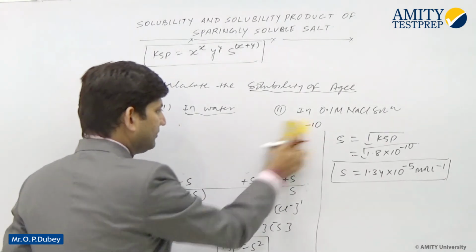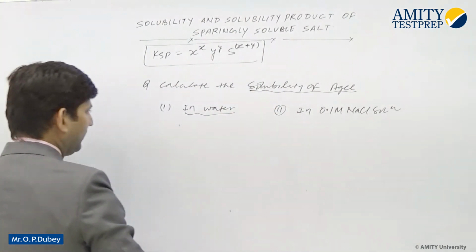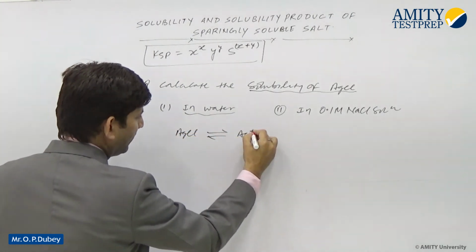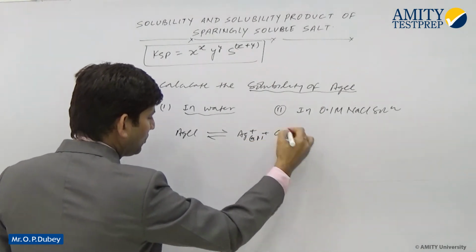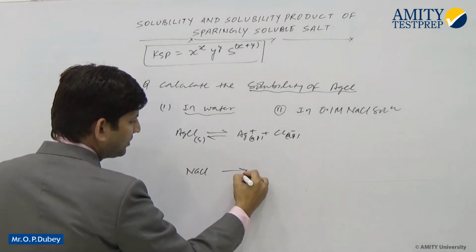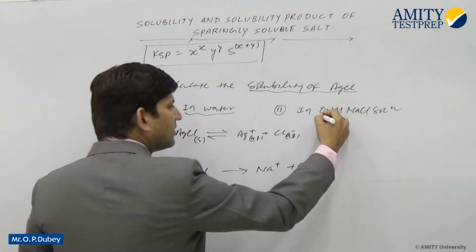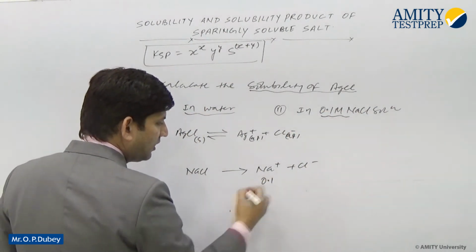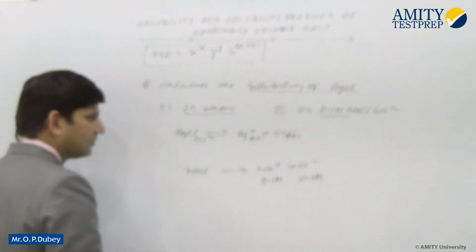To calculate it, AgCl dissociates as Ag+ and Cl- in aqueous form, but does not dissociate 100%, whereas NaCl dissociates 100% and gives Na+ and Cl-. The concentration of NaCl is 0.1 M. When it dissociates 100%, it gives 0.1 M Na+ and 0.1 M Cl-.